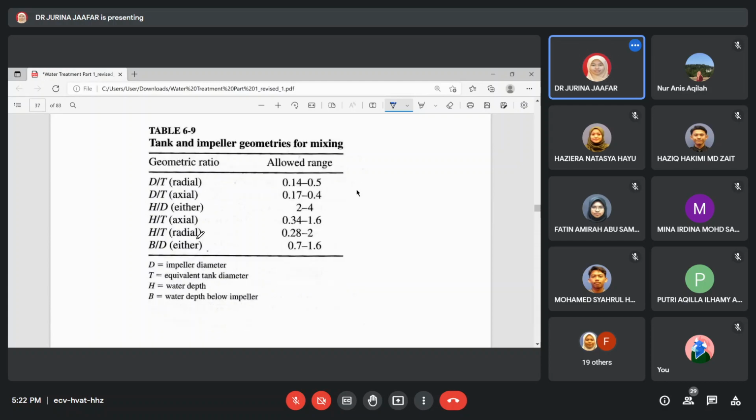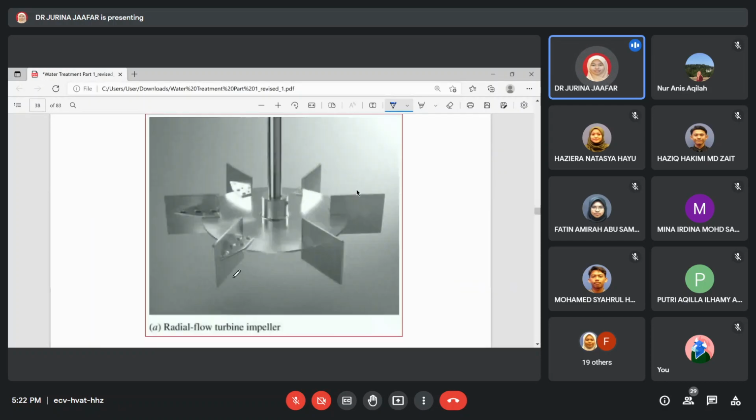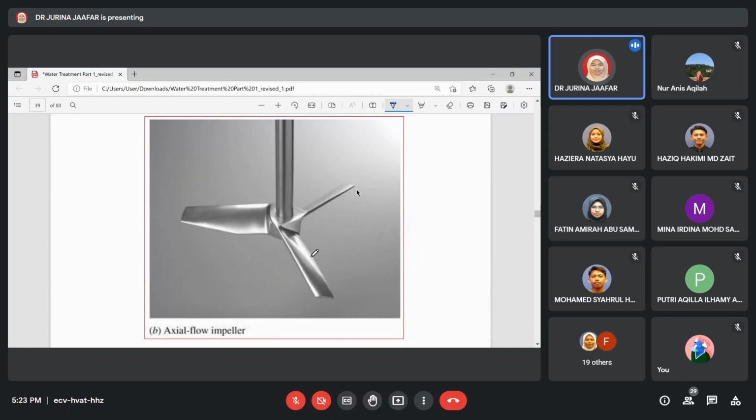Okay. So here is a radial flow turbine impeller. Dia berputar secara bulatan. So normally it covers a small area. And then kalau axial flow impeller, dia akan flow up and down at the Y section. So dia akan lebih tinggi, putaran air itu lebih tinggi dan akan consume from upper part to the lower part.